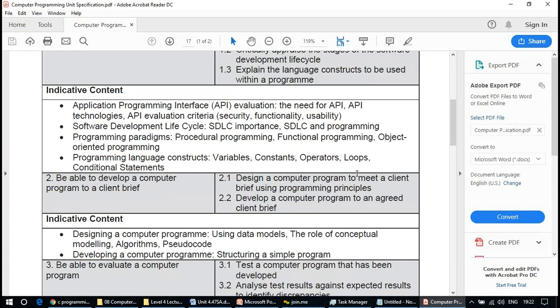Then basically it needs to be given a sequence: the programming language constructs, then programming paradigms, then software development cycle, then API.